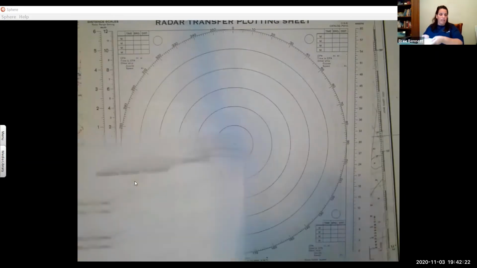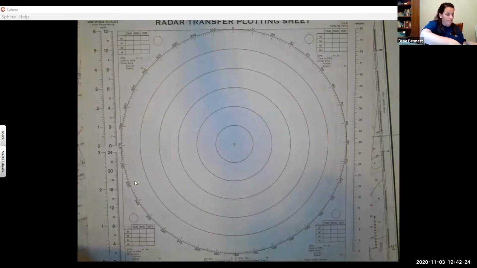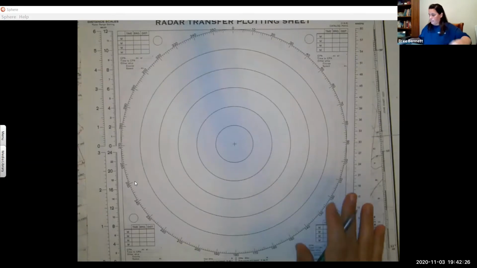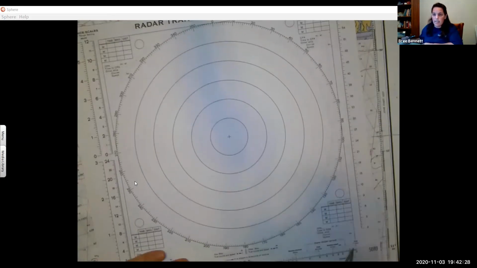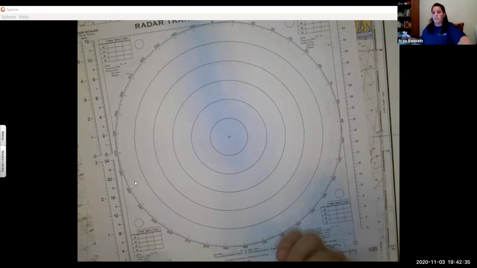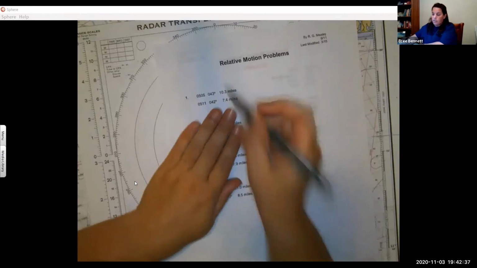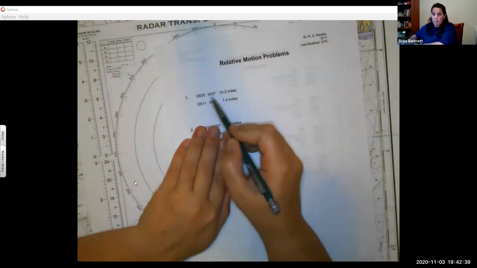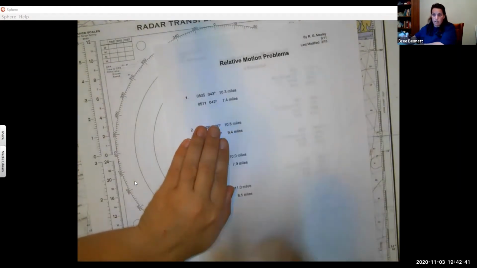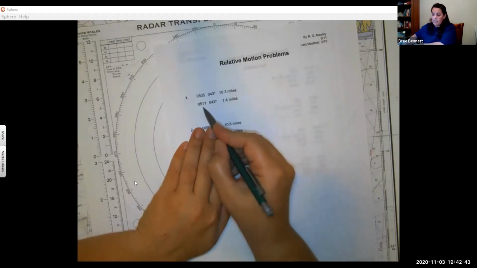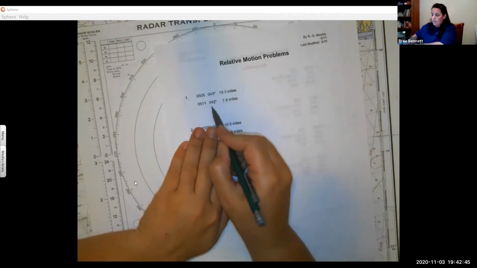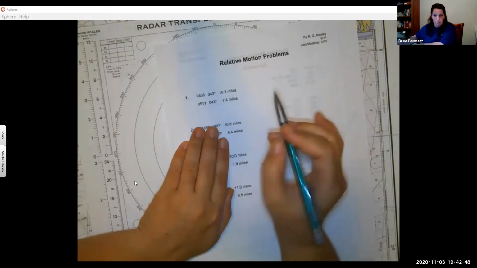Okay. So we're going to start with our relative motion problems, and then we're going to do our first triangle, the whole set. So let's plot number one. At 5:05, we have a bearing and a range of our little blip, and then 6 minutes later, we have a bearing and a range of the same blip.